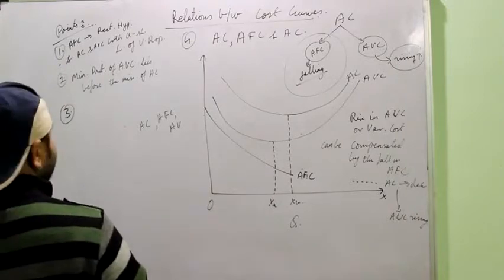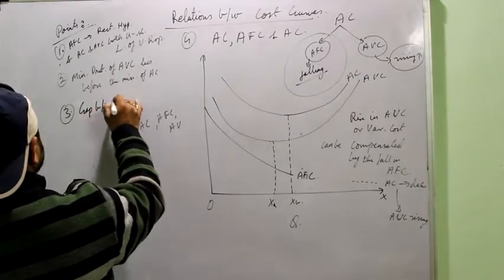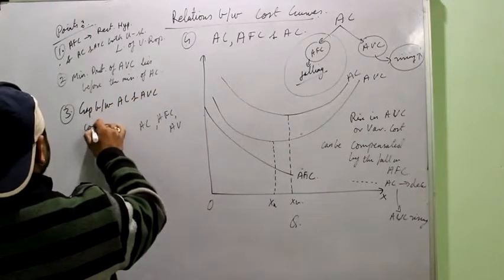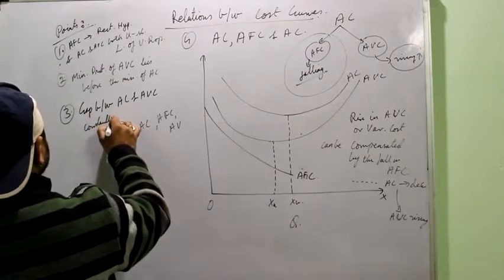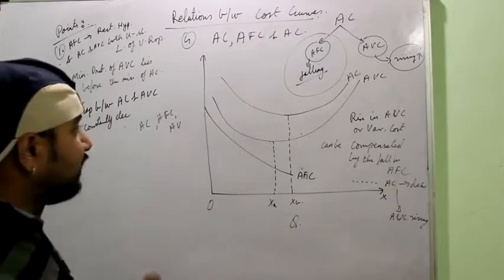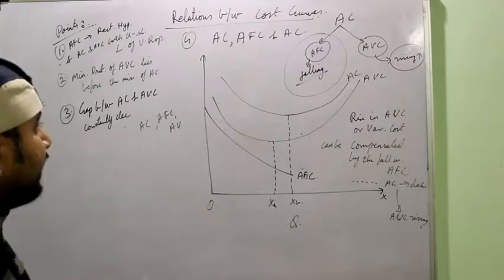Then the next thing is the gap between AC and ABC is constantly decreasing. Remember we studied why the difference between TC and TVC remains the same, because their difference is TFC and it remains constant.